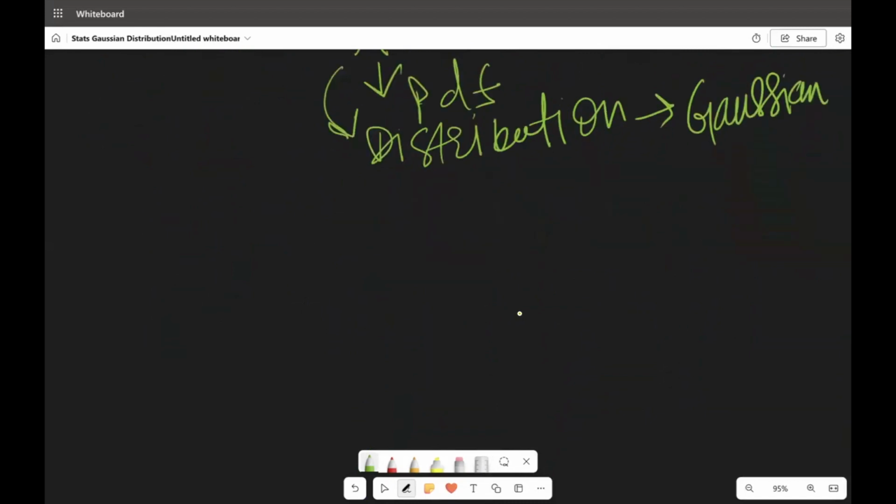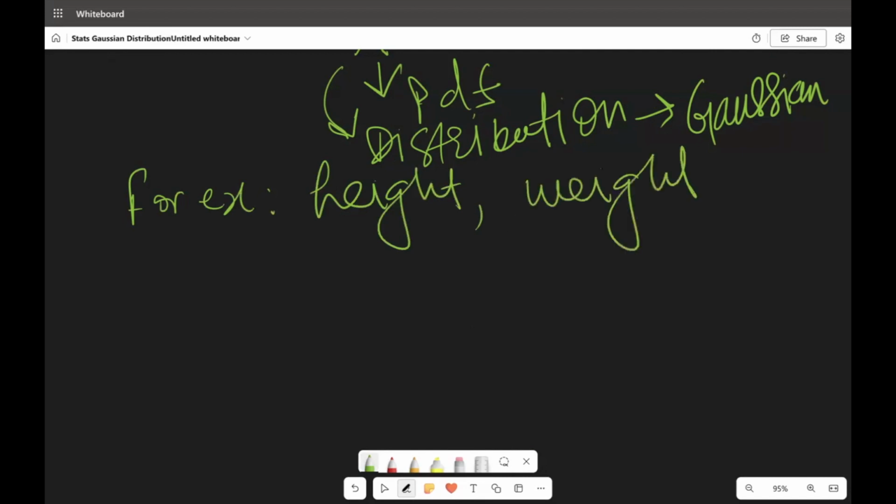Fine. Now you might ask, why should I learn about this distribution? Because a lot of things in nature actually follow Gaussian distribution. Not everything, but certainly some very important things in nature. Let's say, for example, height of the people, weight of the people. These things tend to follow a Gaussian distribution.